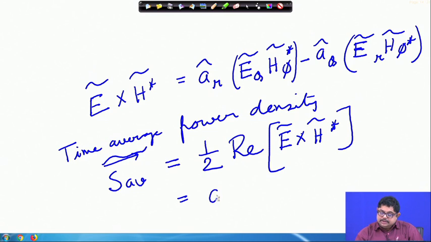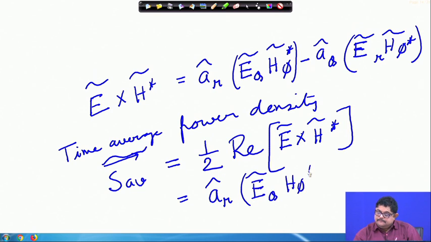So, that is nothing but only A R. So, it has only a radial component, that means time average power is flowing only in the radial direction. It is not flowing in any other direction.